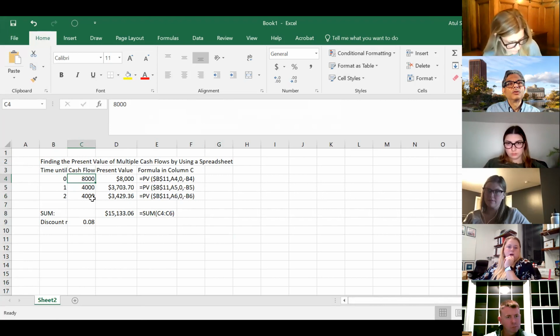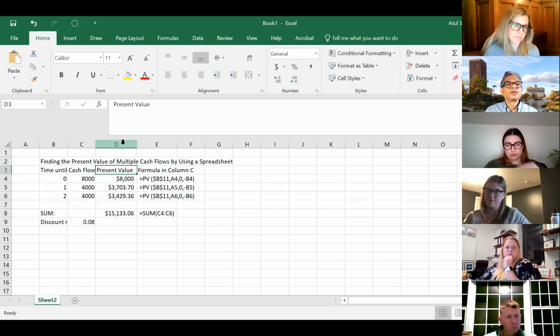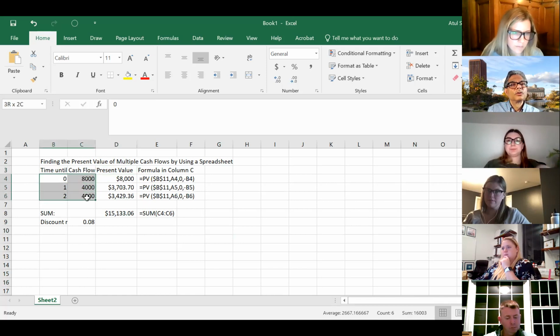How do I get the present value of these cash flows? One way to do it is mathematically. So I will show you how to do it mathematically. What I'm going to do now is explain it to you in a different way.